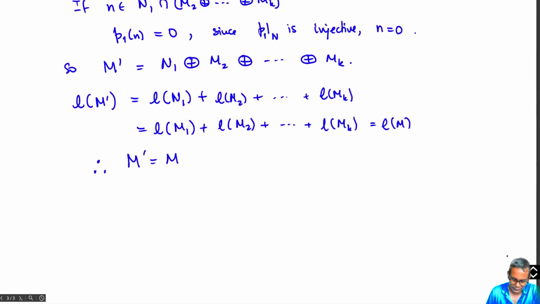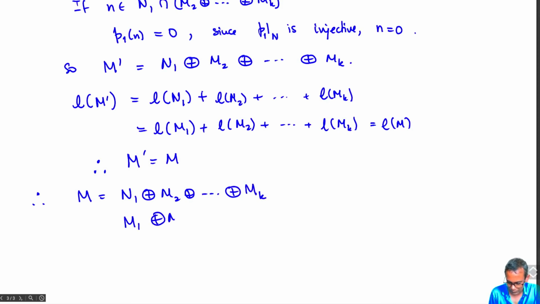So what we have is M is N1 direct sum M2 direct sum ... direct sum Mk, and M is also M1 direct sum M2 direct sum ... direct sum Mk.